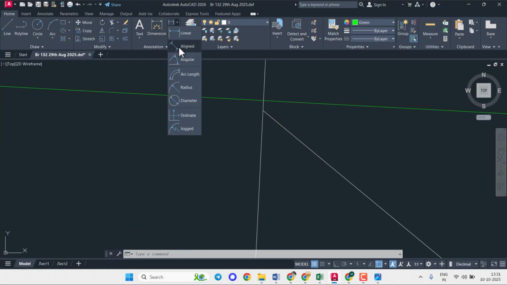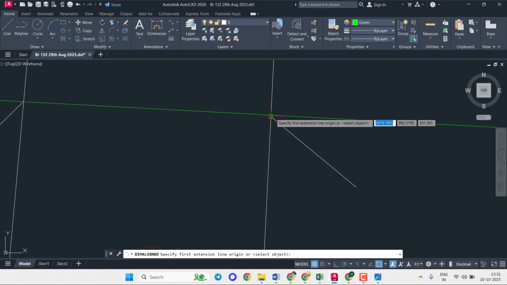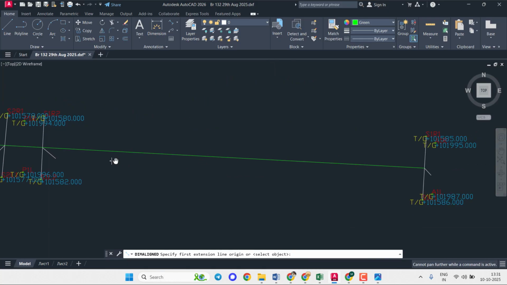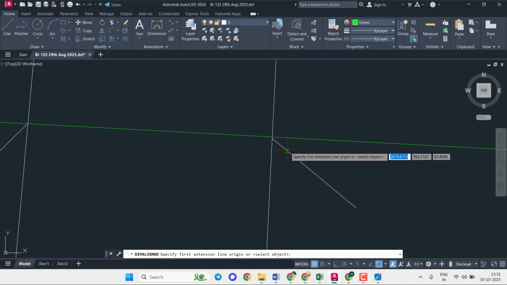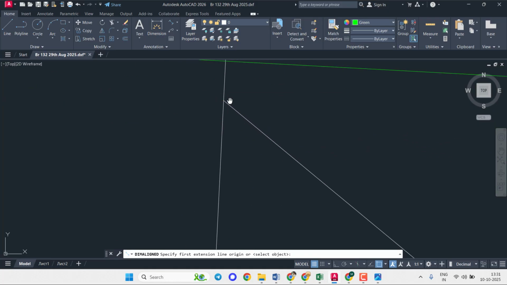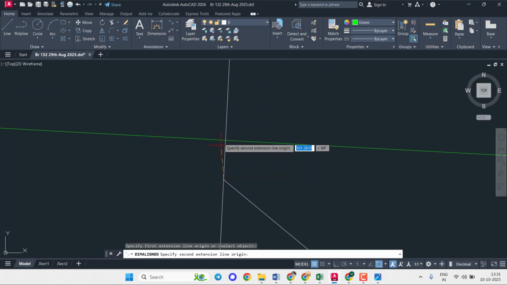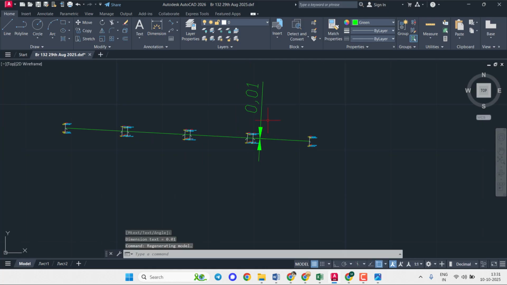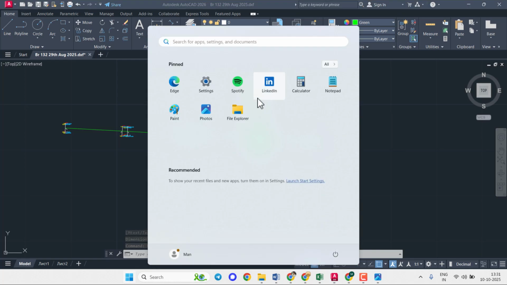Without measurement we won't know what is going to come in this. So this is P1. Now this is P1. Again, we have to change units repeatedly. We will go to dim style.